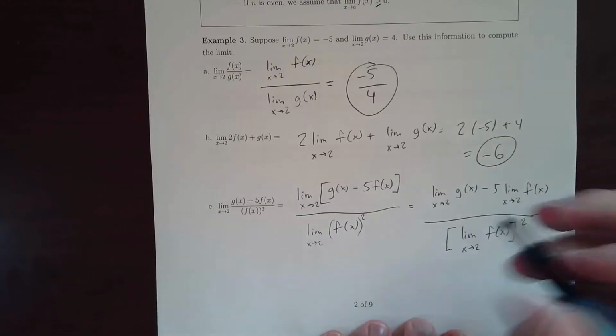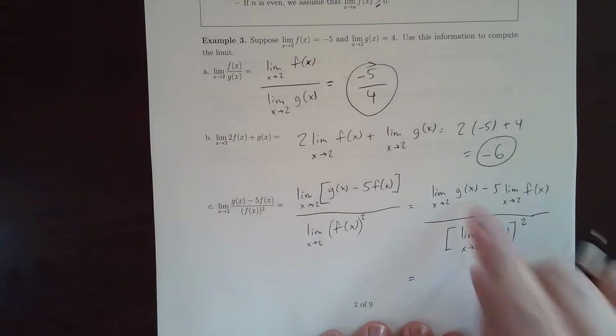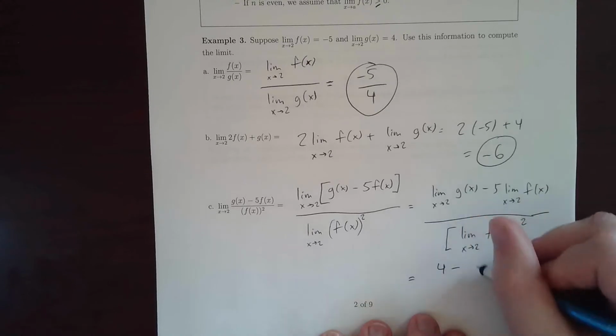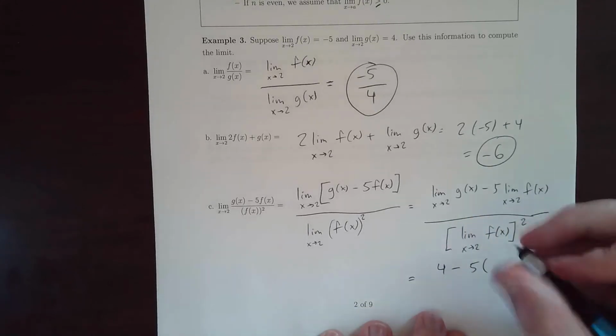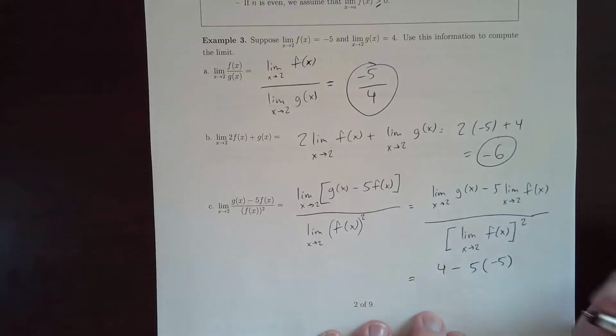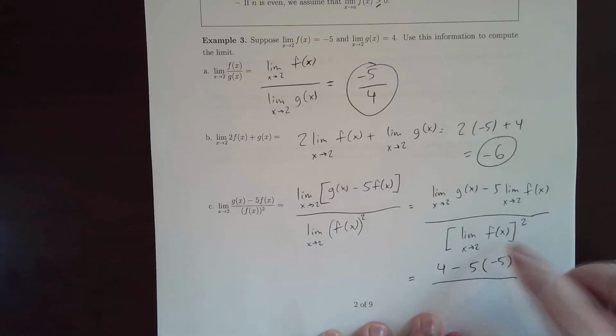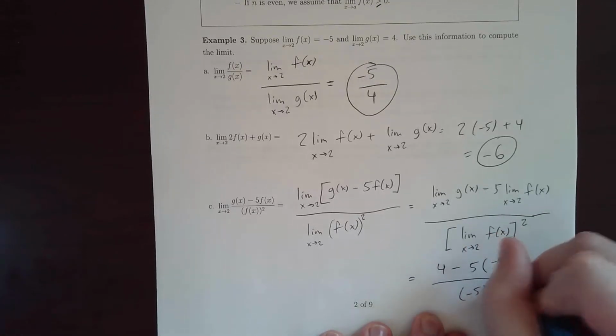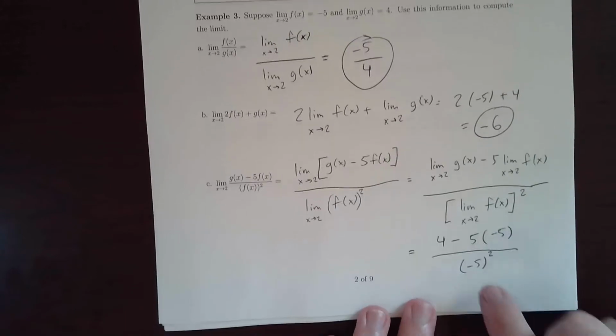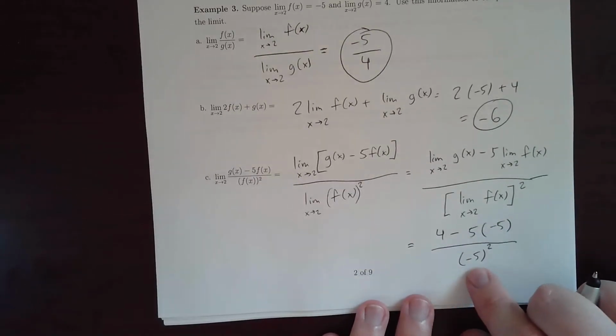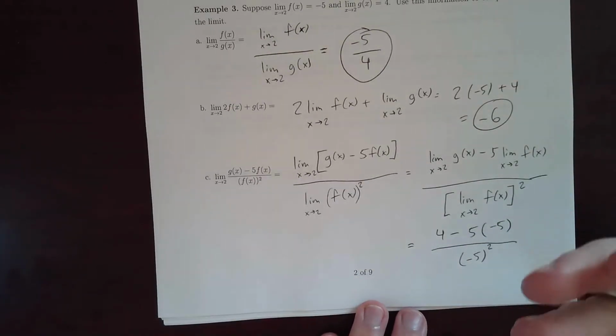And so breaking this down then, the limit for g of x is 4, minus 5 times the limit for f of x, which is negative 5, divided by the limit for f of x, which is negative 5 squared. Important to make sure that when you square this negative 5, you should get a positive 25.